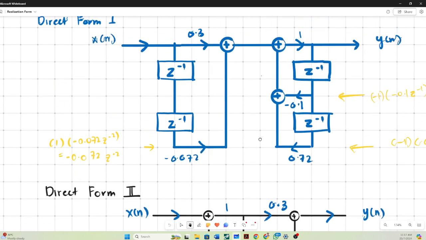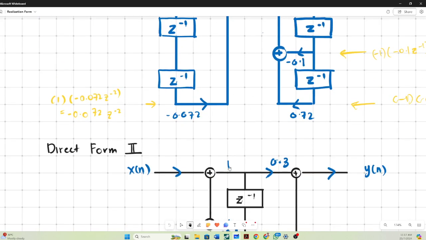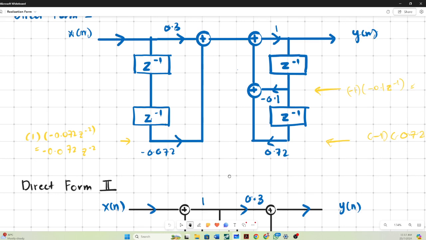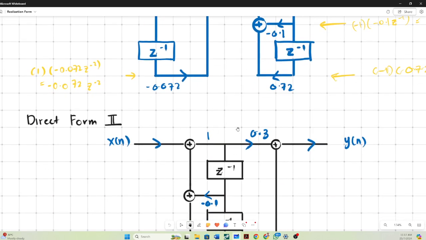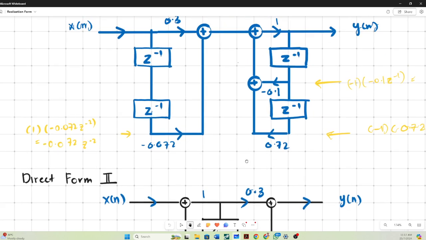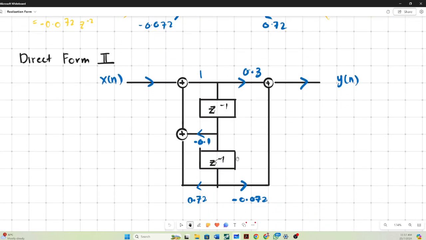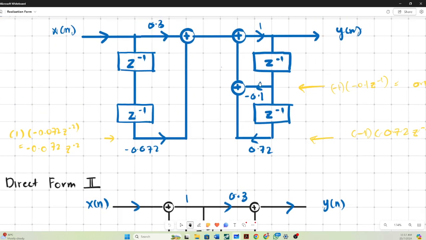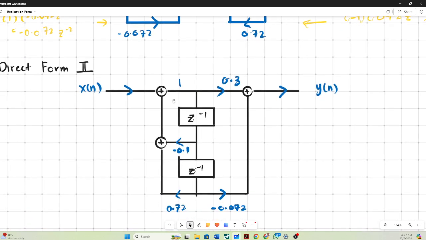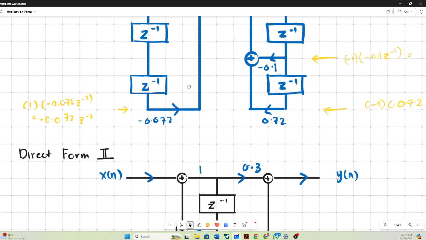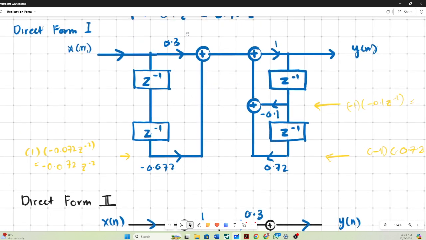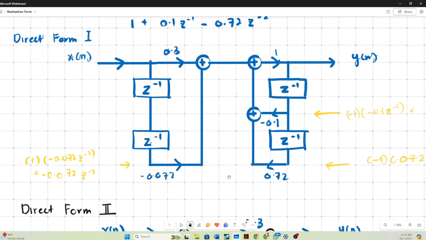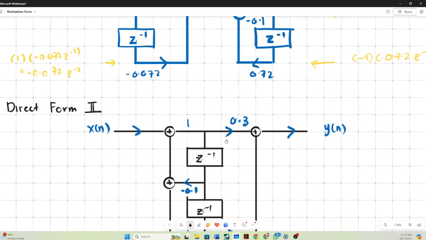So once we put 1 here for the Y, and the amplitude minus 0.1 becomes minus 0.1, and 0.72 becomes 0.72. By using the common delay box, we can draw the X element. So we put it at the right side. Here the amplitude is 0.3, so we copy 0.3 here.